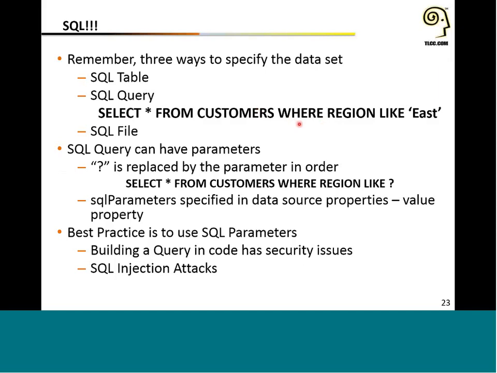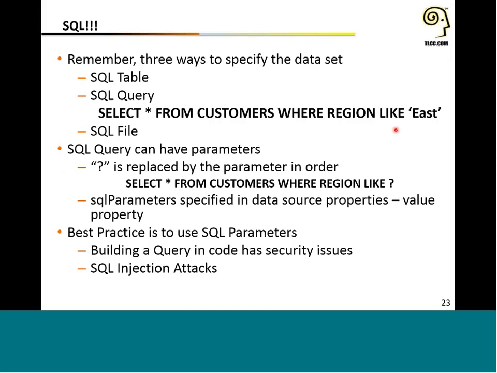We can build that string up. In other words, we can have select star from customers where region like, with the single quote in our string, combined with whatever the user selected to specify the region, like a combo box control, get that value, what they selected, and we can build up our SQL query that way.